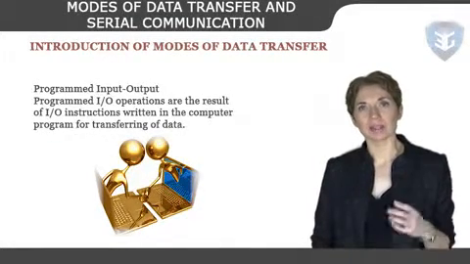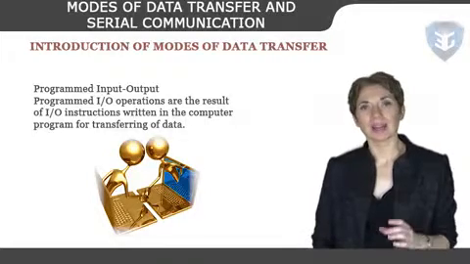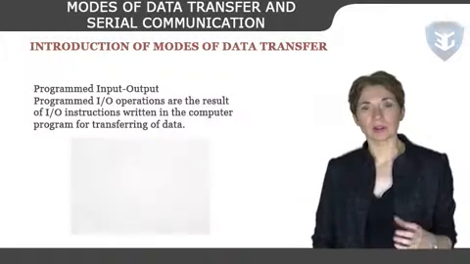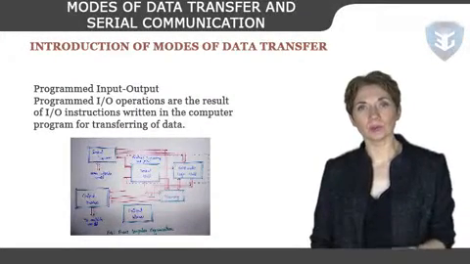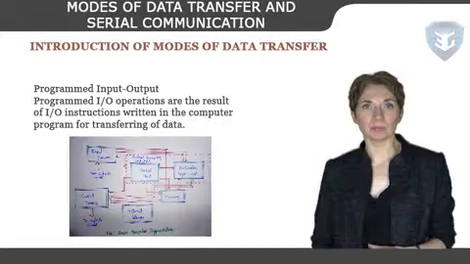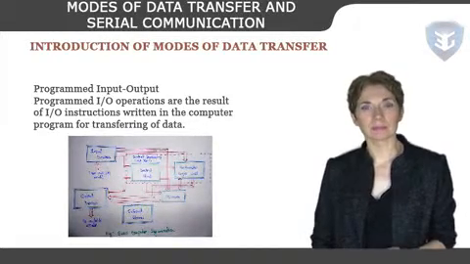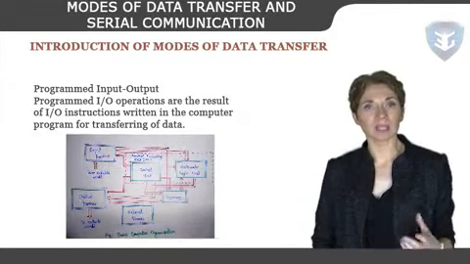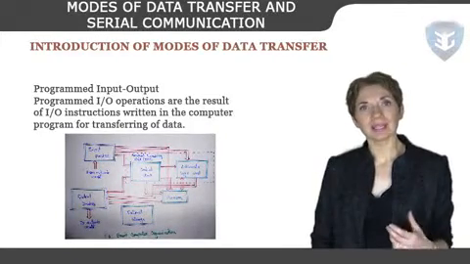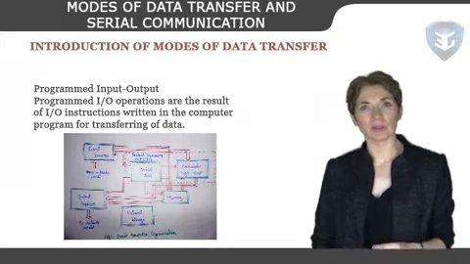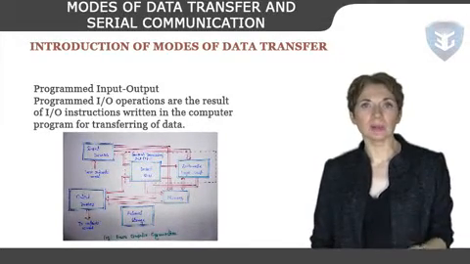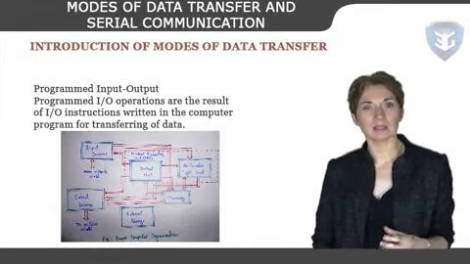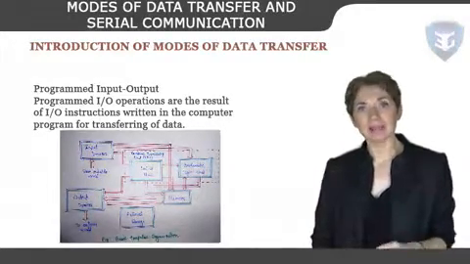Usually, the transfer is from the CPU register and peripherals like input and output devices. Other instructions are needed to transfer the data to and from the CPU and memory of the computer, not the peripherals. Once the process is initiated, the CPU is required to monitor the interface of the peripherals so that it can sense when the data can be transferred. It is up to the programmed instruction executed in the CPU to keep close tabs on the things that are carrying out in the interface and the I/O devices.